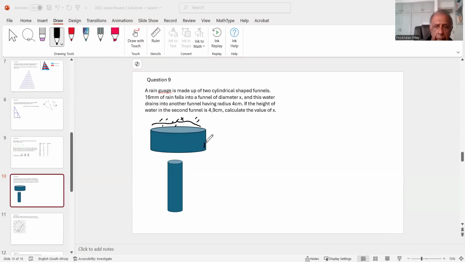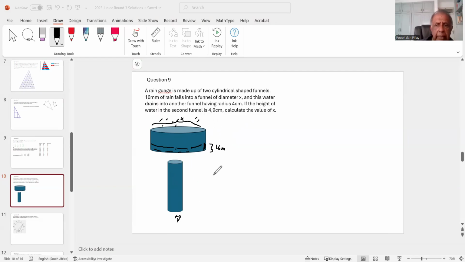So when you measure the height of this, you're going to get 16 millimeters. And this water drains into another funnel having radius 4 centimeters. So yeah, the radius is 4. So the diameter is 8.